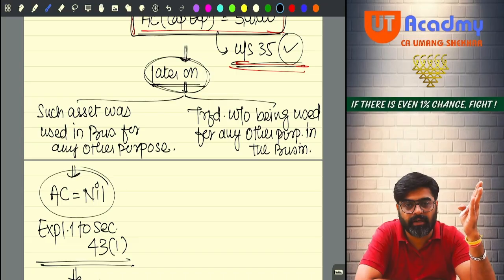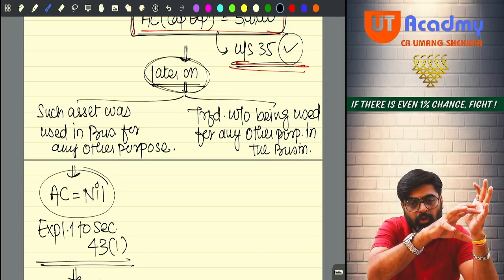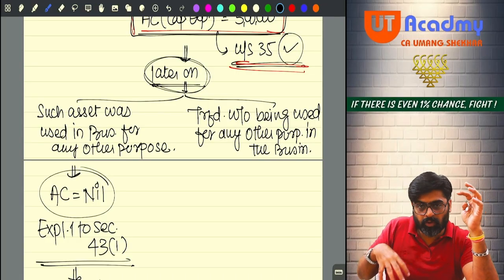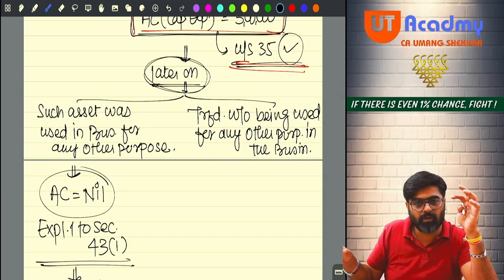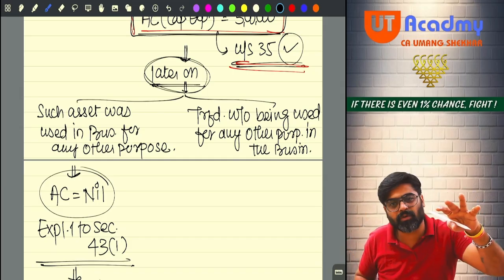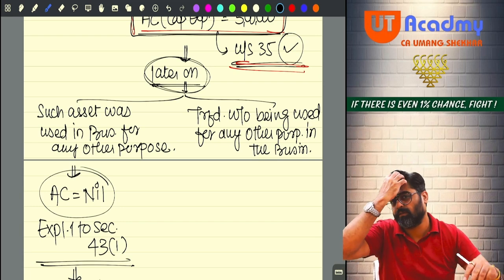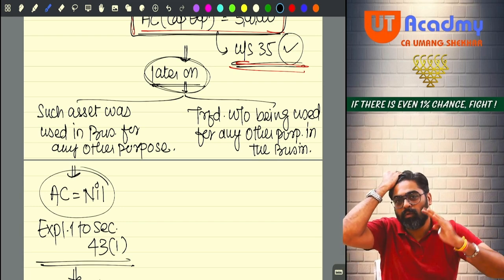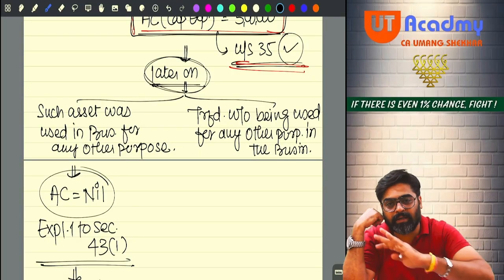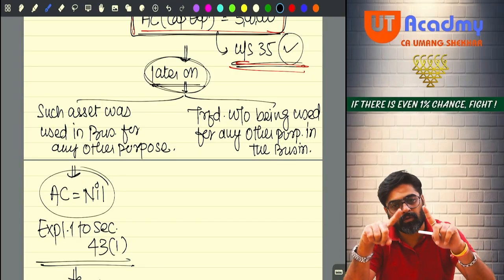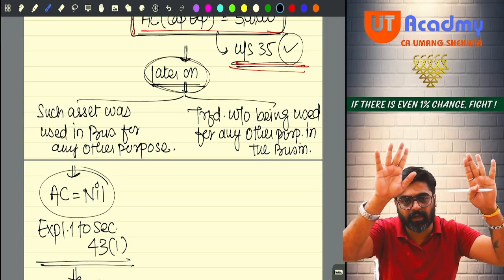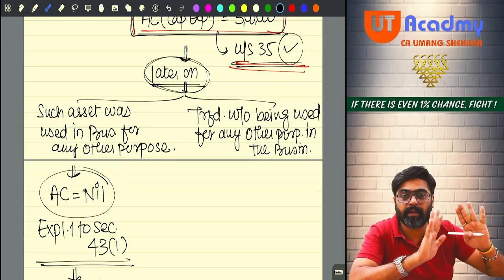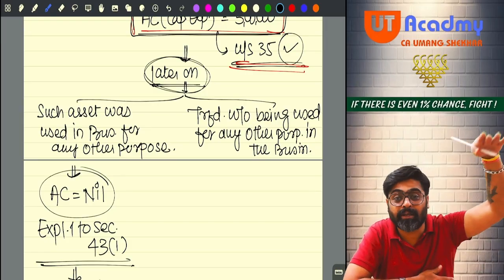You acquired it for scientific research. Now, are you bringing that asset to be used for any other purpose in the business? No. From scientific research only, you are selling that asset. So, will this asset form part of your block? Will it lose its identity? No. It was earlier also an independent asset. Now also it is an independent asset because it is being sold as an independent asset.